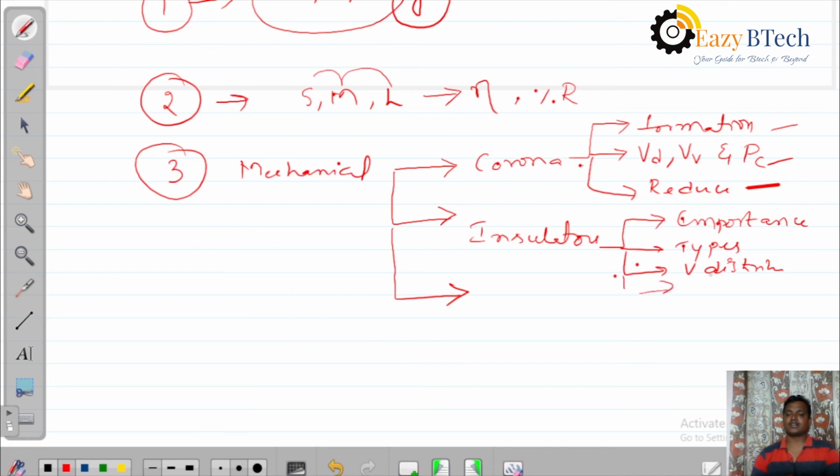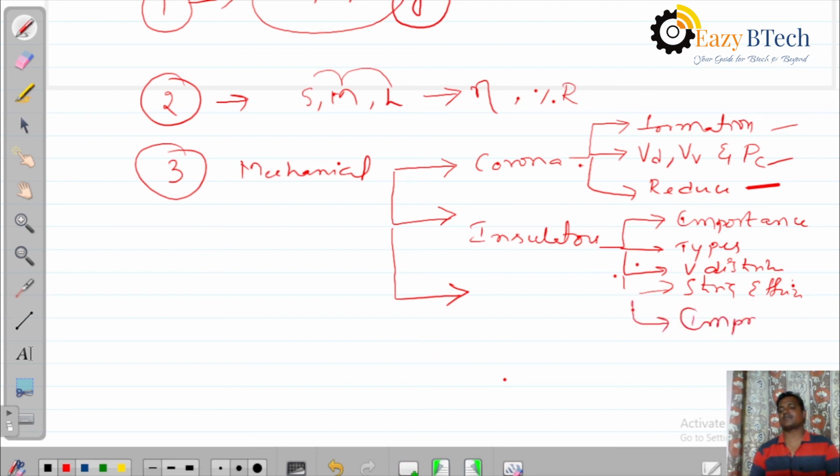What is meant by string efficiency, how to calculate the string efficiency, and what information we get from calculation of this string efficiency. Next, we will see how to improve the string efficiency, what are the methods to improve string efficiency.